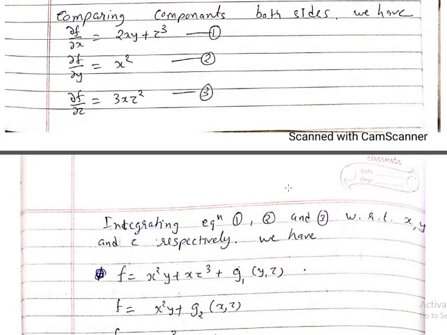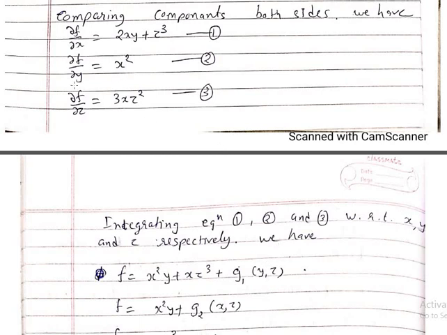Whenever you differentiate, y and z are treated as constants, and that's why instead of a simple constant, we have to write down a function of y and z.